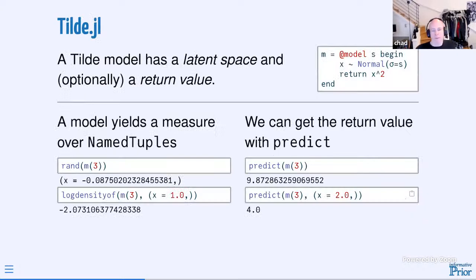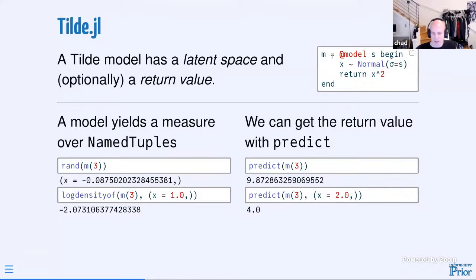Okay, and as we go through this, in a couple of places we'll talk about tilde. So I'm going to bring that up very early. That's just because it gives a very nice, very simple way to write these kinds of compositions of measures. So probably some people here have seen probabilistic programming. Tilde is maybe a little bit different than some systems.